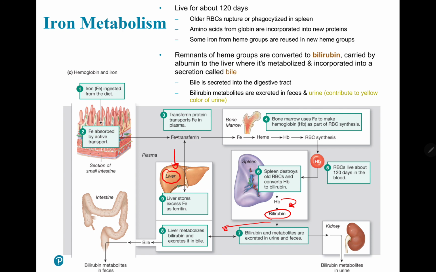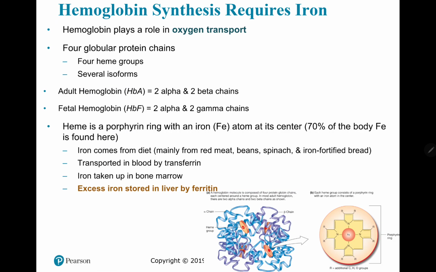Now, hemoglobin synthesis requires iron, as we just mentioned. Hemoglobin plays an important role in oxygen transport. When we're looking at hemoglobin, there are 4 heme groups, so you can see 1, 2, 3, 4. There are several isoforms of hemoglobin: adult hemoglobin and fetal hemoglobin.